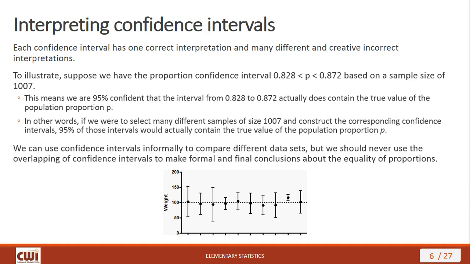So that's where you get into trouble with making formal and final conclusions from an overlap of confidence intervals. You can look at them and make some informal comparisons, but you can't go too deep into the interpretation, because that true value of your population parameter could be anywhere. It could be in the region of overlap, could be outside the region of overlap. We simply don't know.